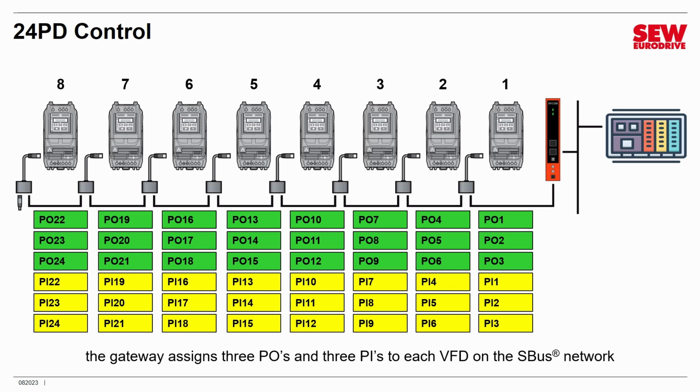The gateway is assigning 3 of each to each VFD. That, by the way, is why you're limited to only 8 VFDs on a gateway, because 24 PDs is the maximum you can send and receive with a field bus card. So I hope that makes sense. That's kind of an interesting little nuance, but you need to understand this when you get communicating so you'll be able to set things up correctly.